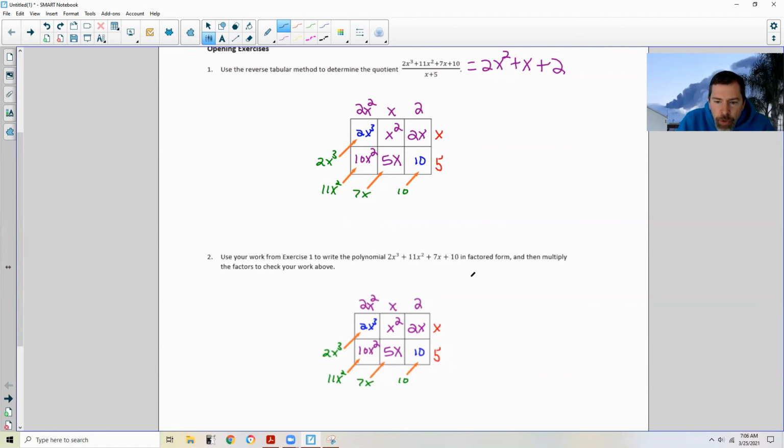So factored form would be x plus 5, which is actually one of the things where the factor is what we divided by, and the quotient is the other factor, 2x squared plus x plus 2. So this is equal to that in factored form. It's just the length times the width from number 1.